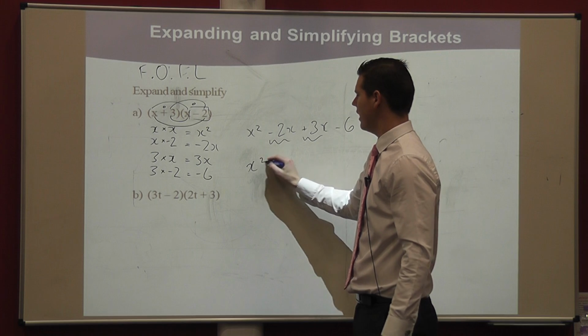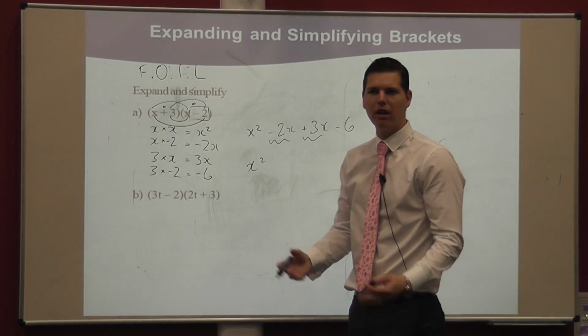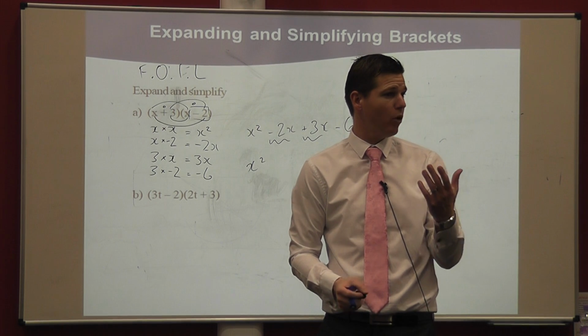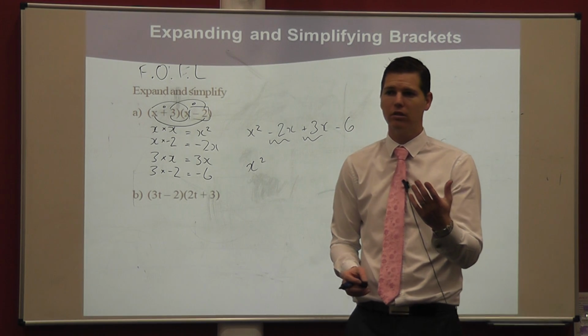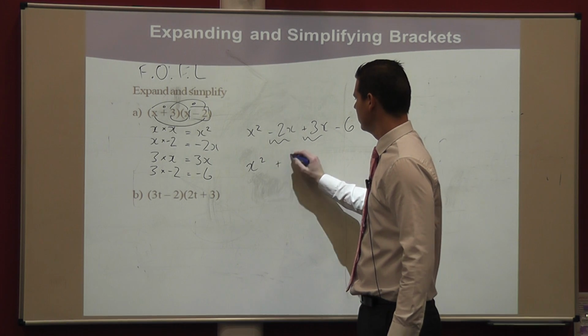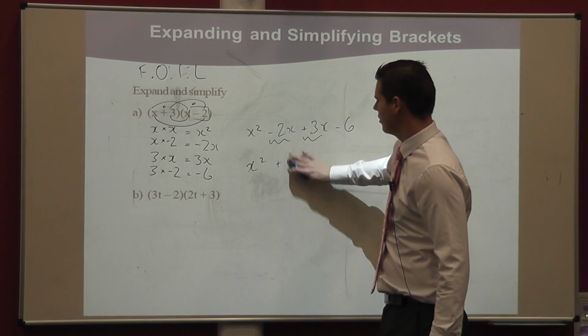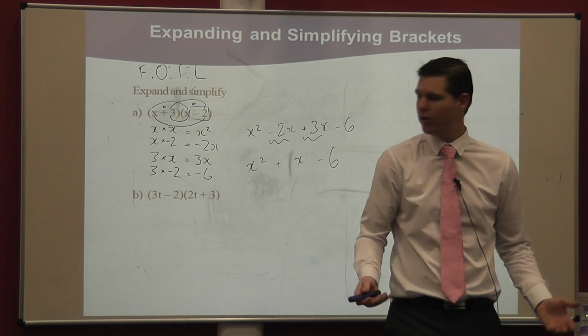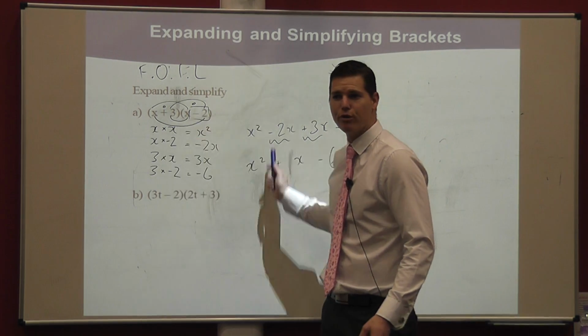Collect any like terms: x squared, negative 2 plus 3. If it's negative 2 degrees Celsius, pretty cold, gets 3 degrees warmer, what does it go up to? 1. So do I write 1x? Just x. Take away 6. Done.